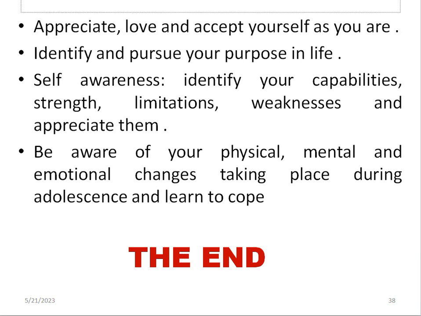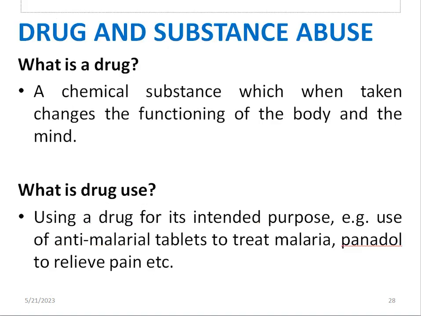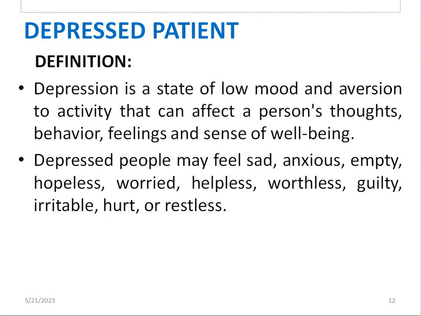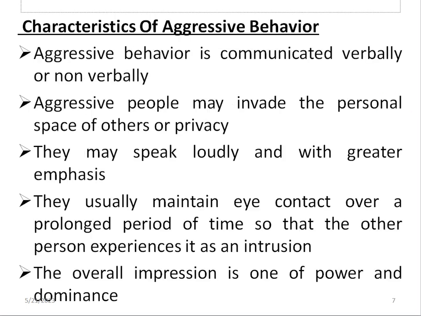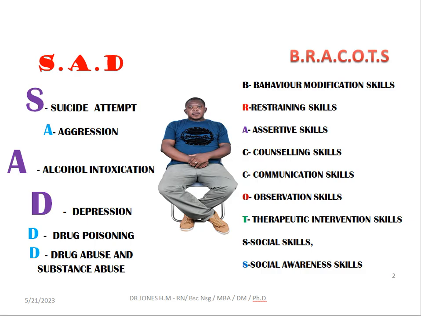Okay, so this sums up our lesson, where we have been looking at psychiatric emergencies. We have talked of psychiatric emergencies to do with the mnemonic SAD. The mnemonic SAD summarizes the mental health emergencies.